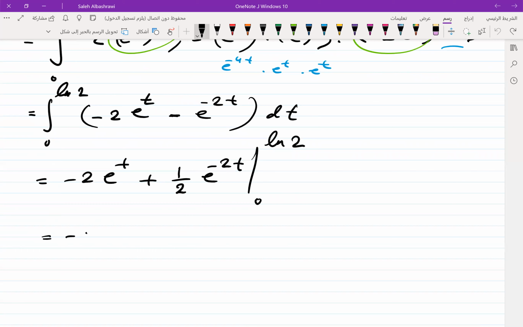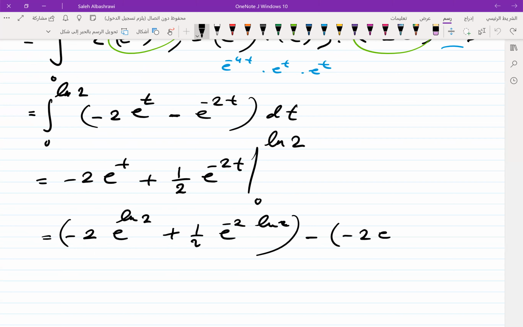This will give me minus 2 e to power ln of 2 plus 1 half e to power minus 2 ln of 2, minus, now replace by 0, minus 2 e to power 0 plus 1 half e to power 0.